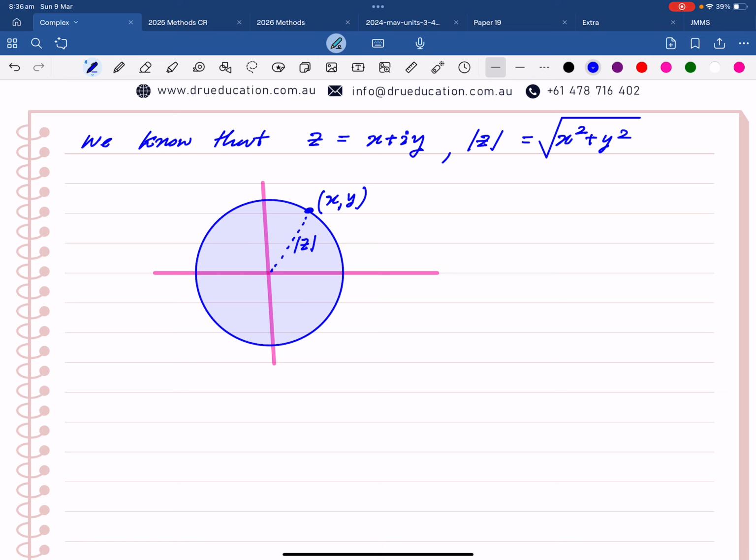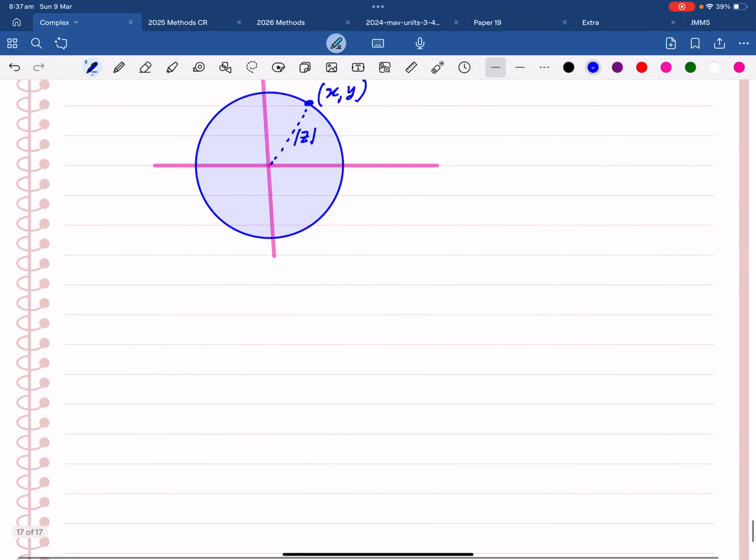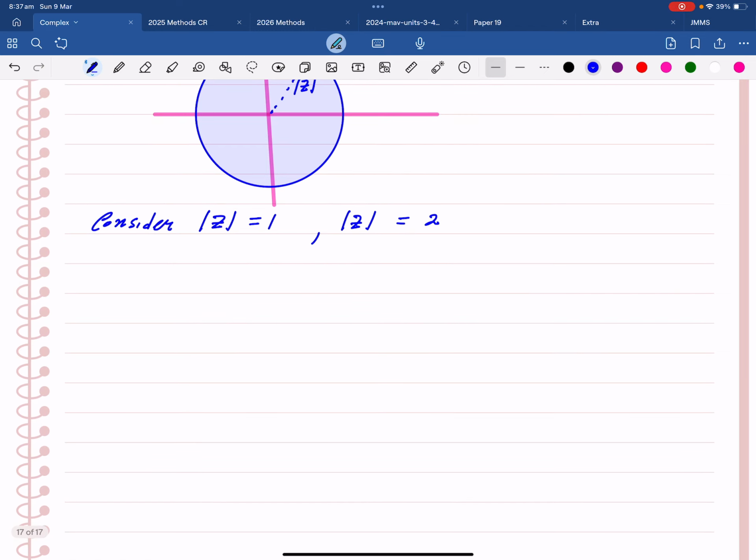Now, let's think about this. So consider z mod is equal to 1 and z mod is equal to 2. Consider these two. So we understand z is x plus iy. Mod is equal to 1, that's what it says. x plus iy mod is equal to 2, right?